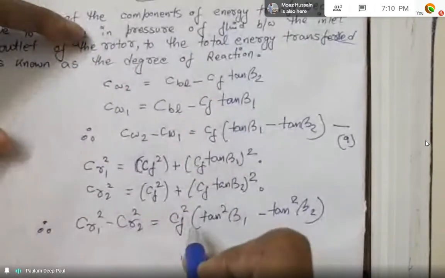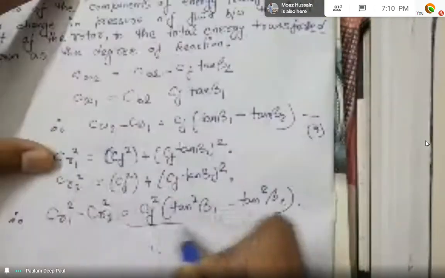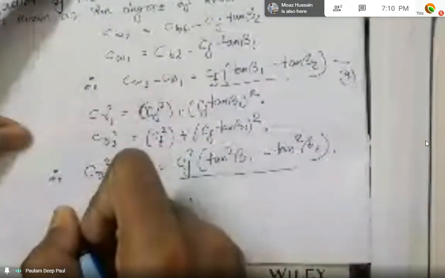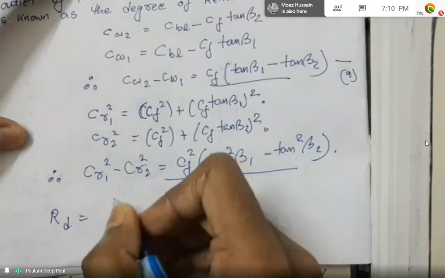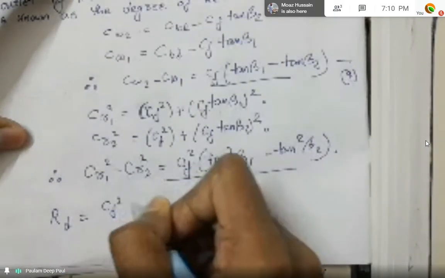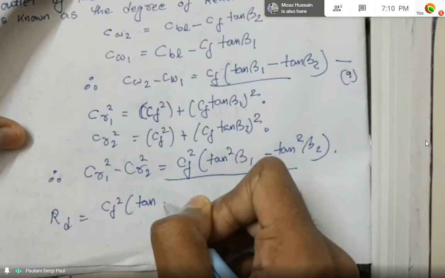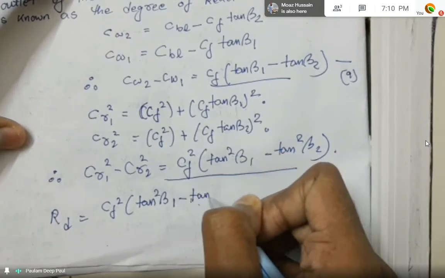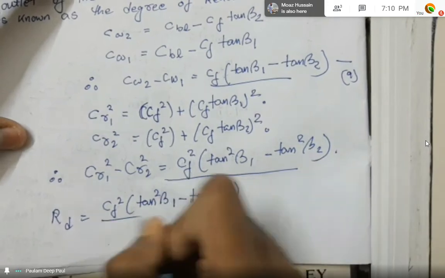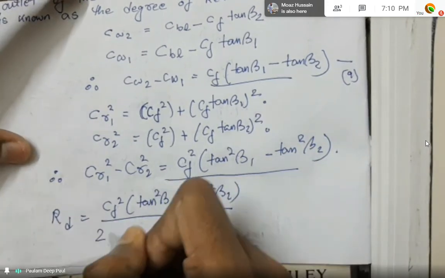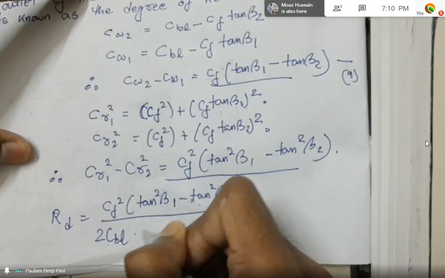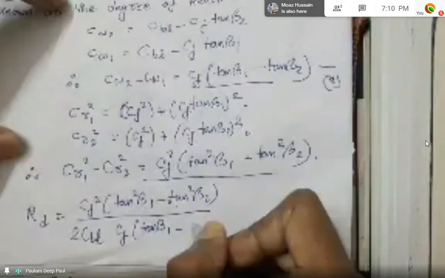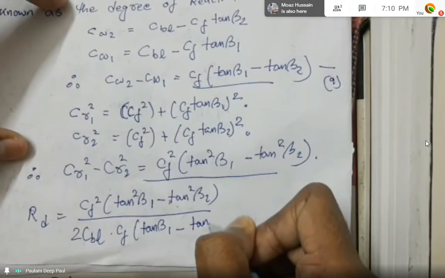So I'm going to substitute these two equations into the degree of reaction formula, and we get Cf square times tan square beta 1 minus tan square beta 2, by 2 Cbl multiplied by Cf times tan beta 1 minus tan beta 2.